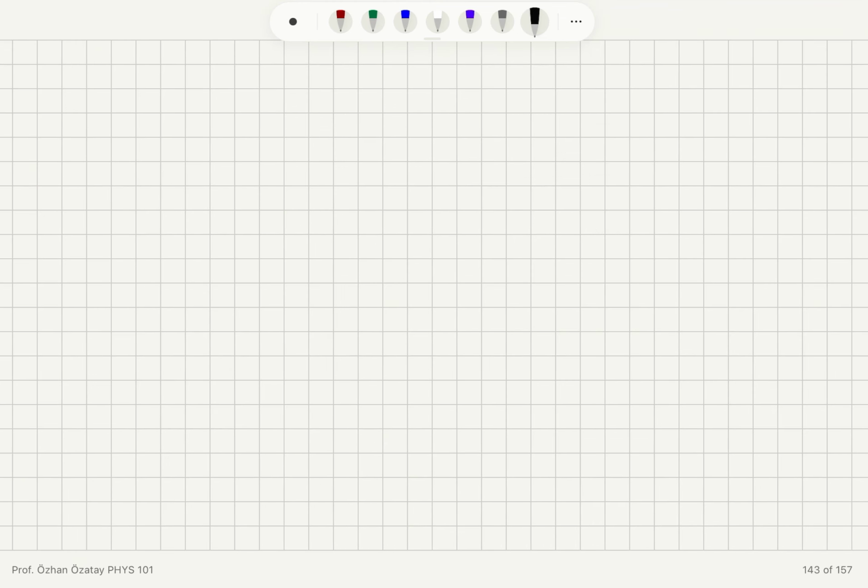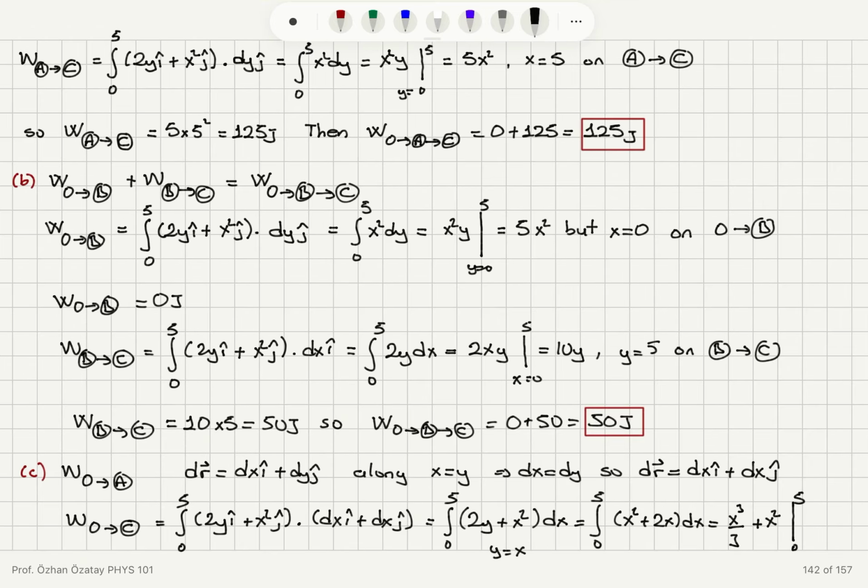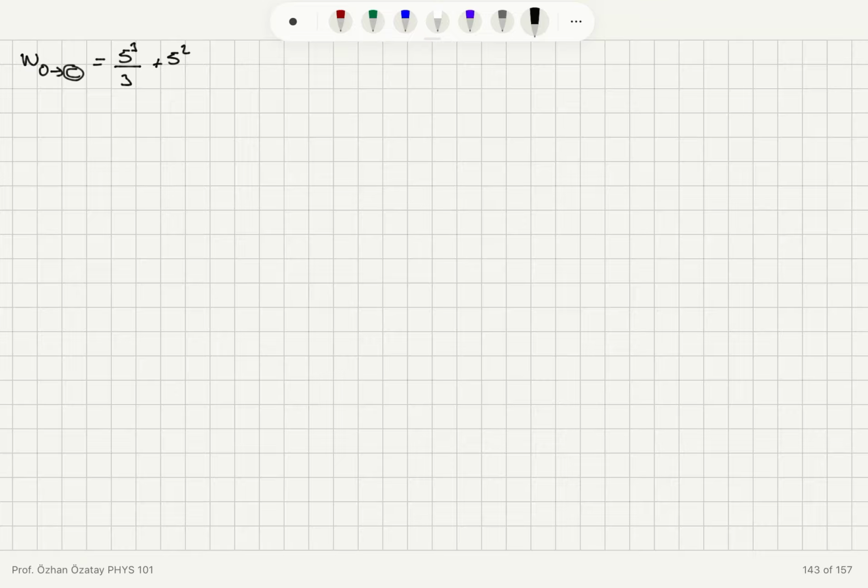So the work done in going directly from point O to point C is 5 cubed over 3 plus 5 squared. So this is 125 divided by 3 plus 25, which is 66.7 joules.